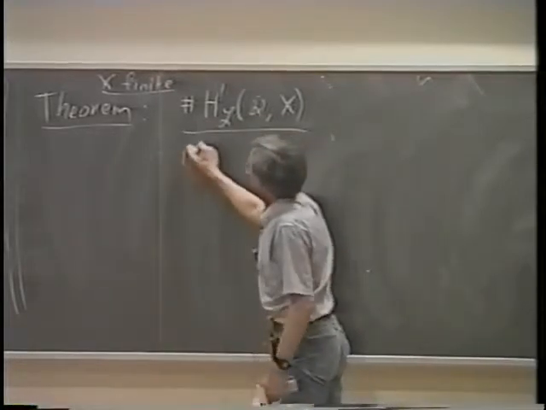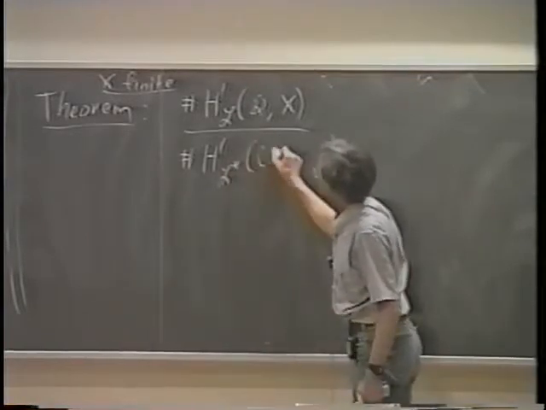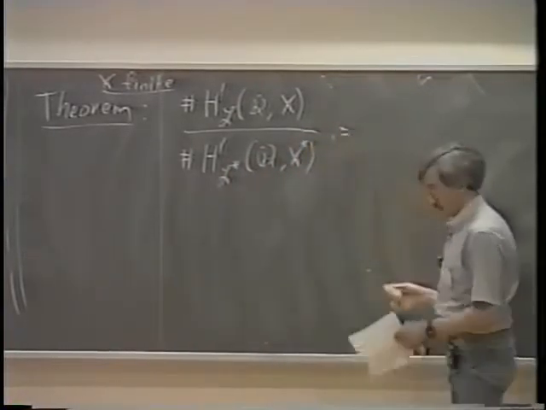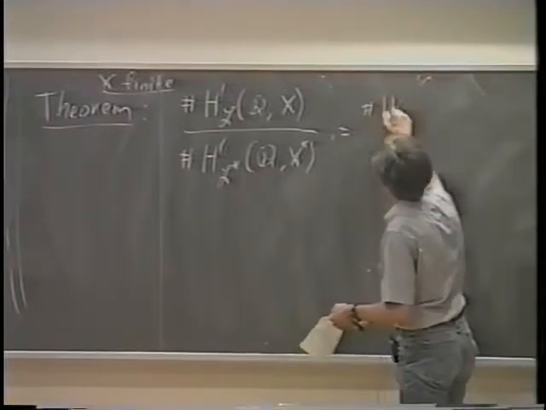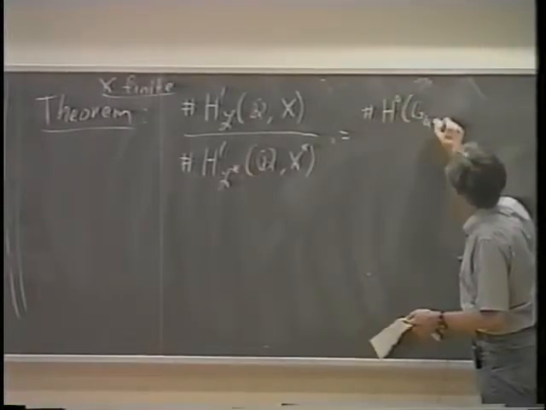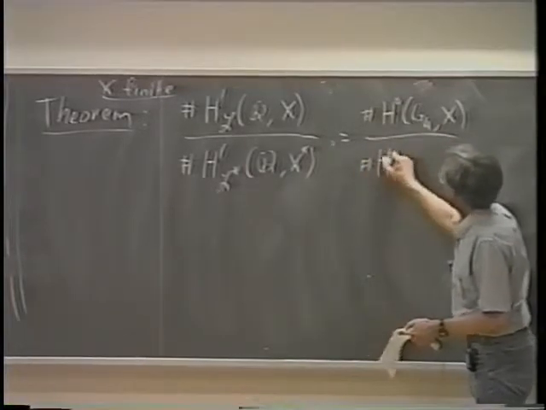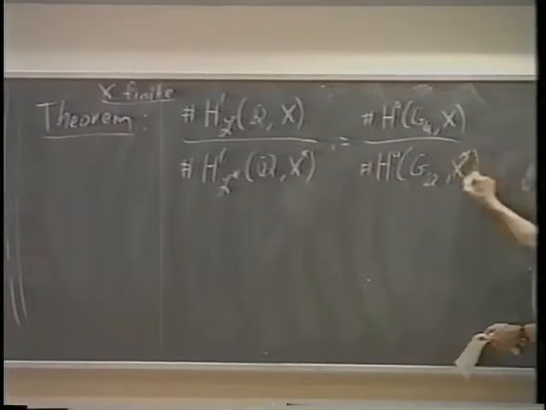Divided by the order of the dual Selmer group, is the order of H0 of G_Q, X, over the order of H0 of G_Q, X star.